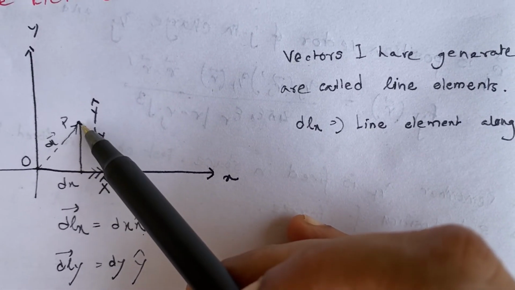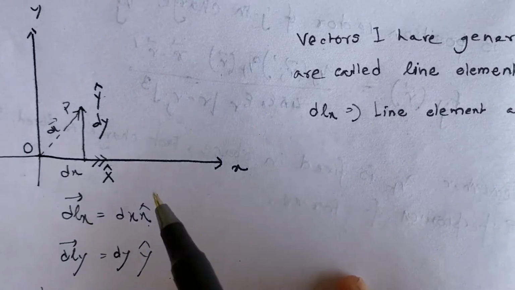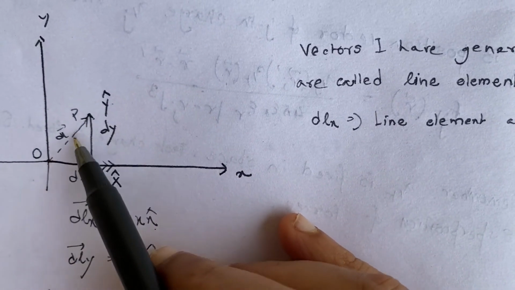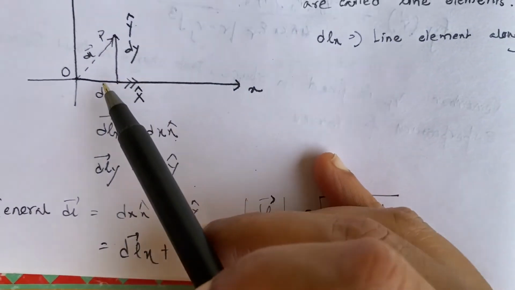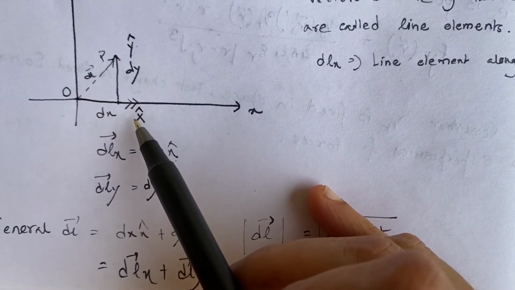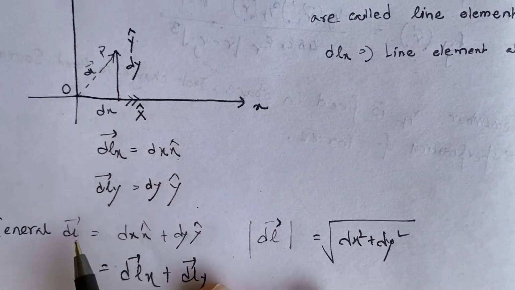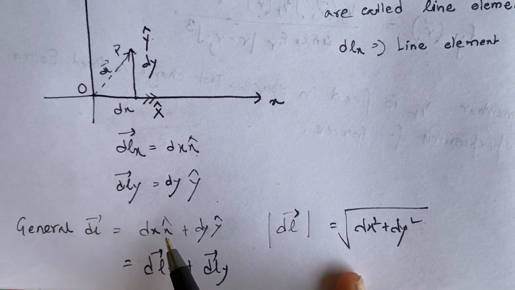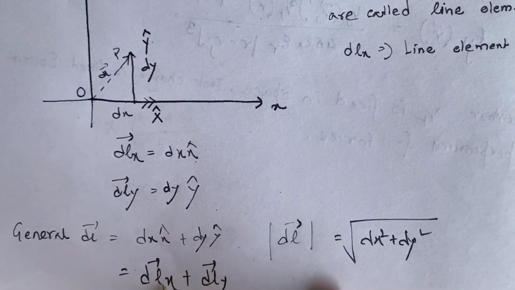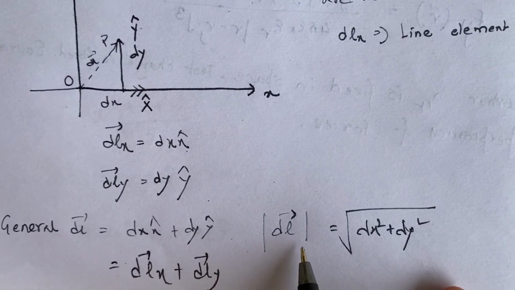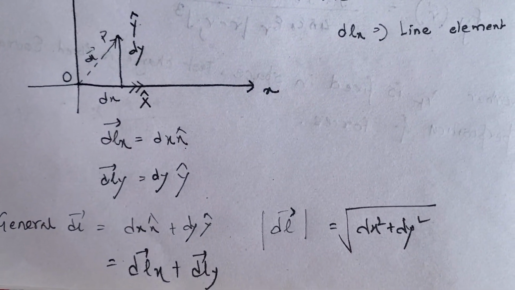So this is a line element dly along the y direction, and dly is written like this. Now if I join this O and P point, that is the initial and the final point, then I will get this dl vector, which can be resolved into x and y components, written like this: in place of dx x cap I am writing this, in place of dy y cap I am writing this, where the magnitude of this dl vector is nothing but dx squared plus dy squared to the power half.